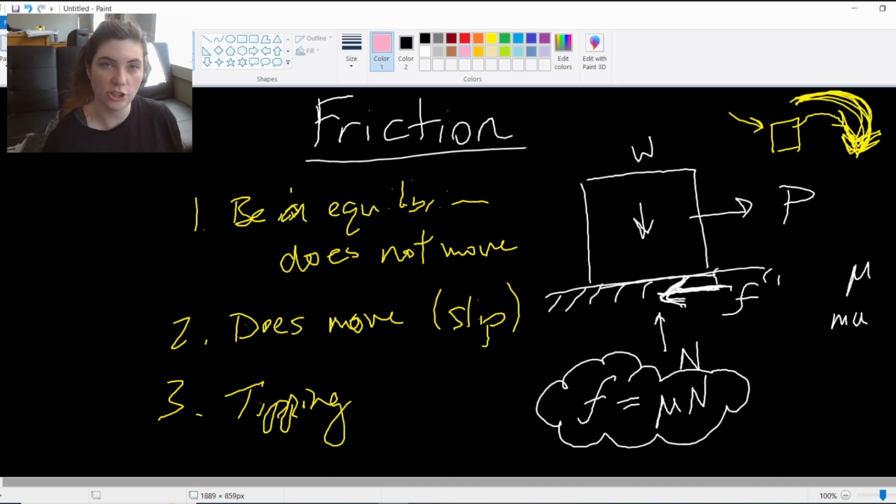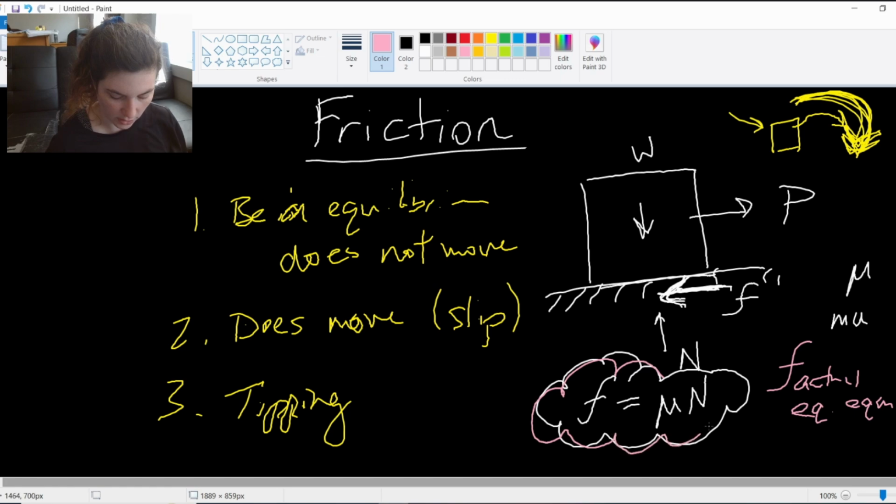So the way that we check whether a box is stationary, slipping, or tipping is through our equilibrium equations. So we can use our equilibrium equations to find the actual frictional force. So friction actual comes from our equilibrium equations, whereas this formula here gives us our max theoretical friction.